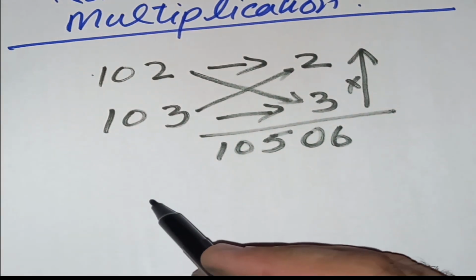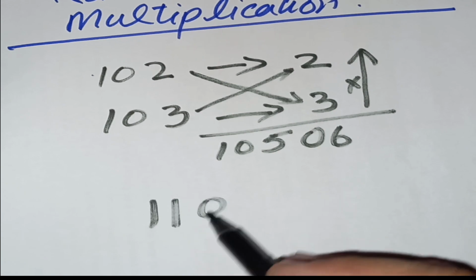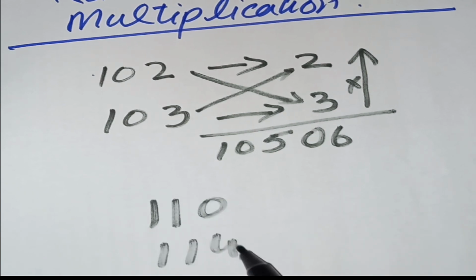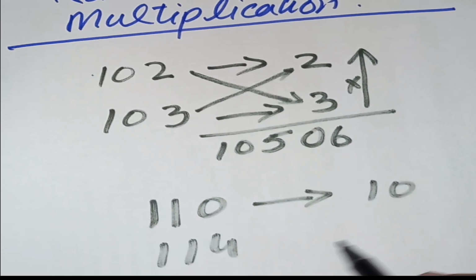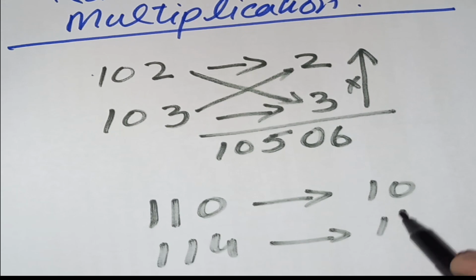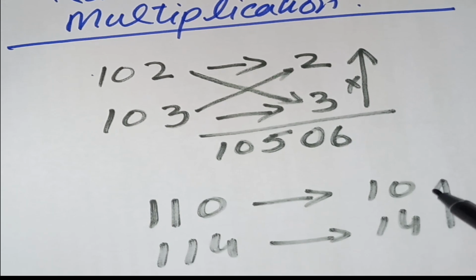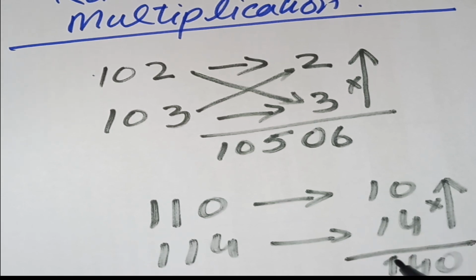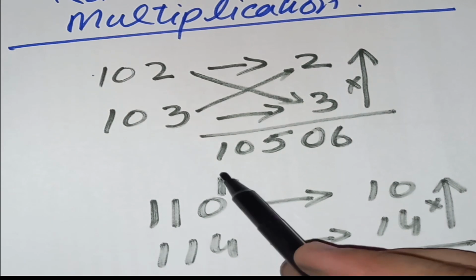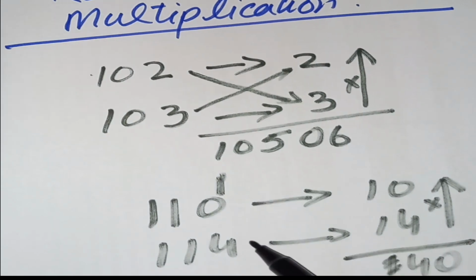Let's take another two numbers, 110 and 114. This is 10 more than 100, and this is 14 more than 100. Now multiplying these two numbers, what do we get? 14 tens are 140, but this one we will take there and add it to these two.